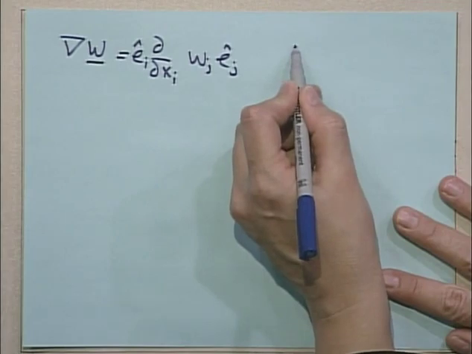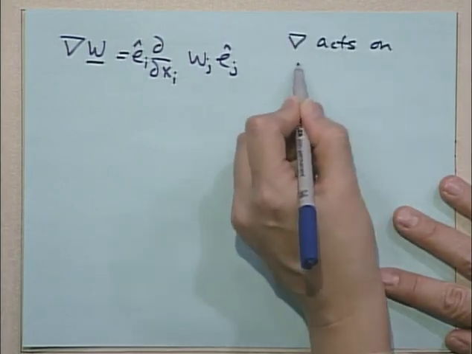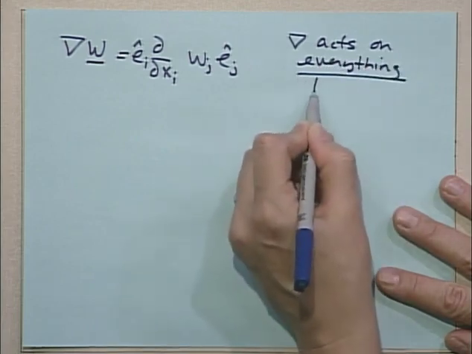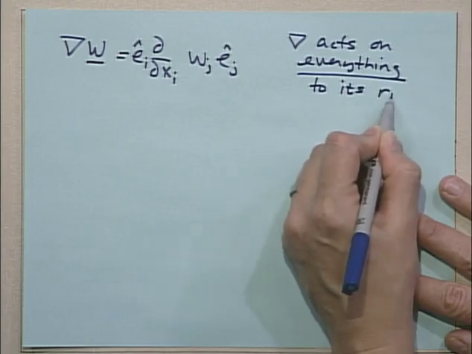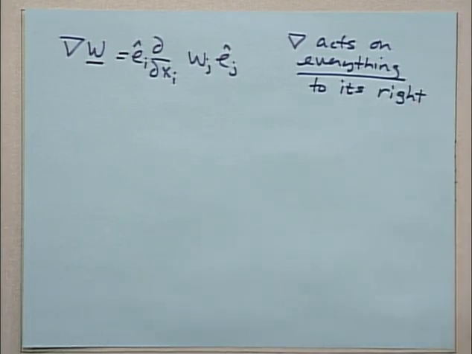Now remember, del acts on everything to its right. Absolutely everything, including unit vectors.